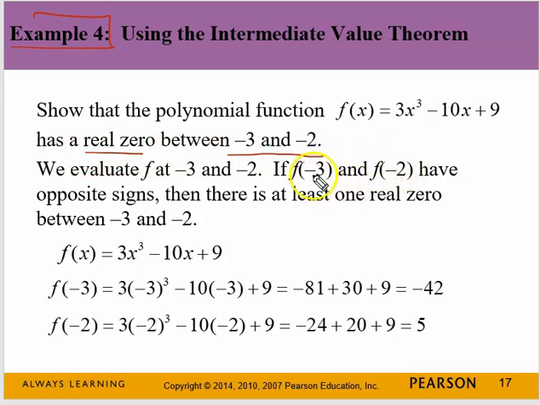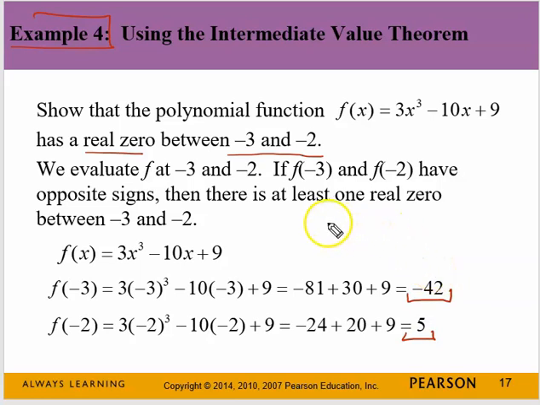So this one is a negative 3, negative 2. So we put in a negative 3 substituting in here, and we end up with a negative 42. Now we put the negative 2 in this one, same equation, substitute, and we get a 5.